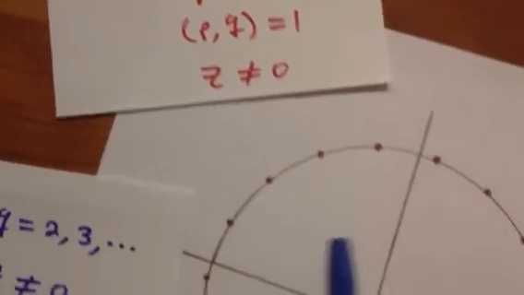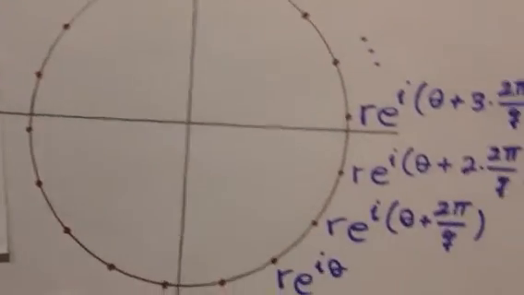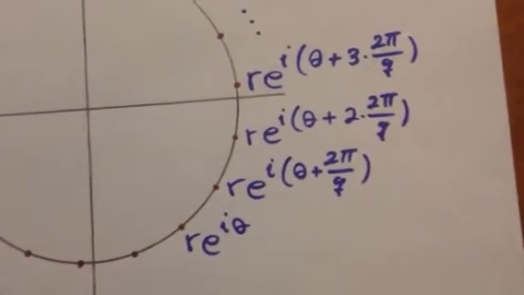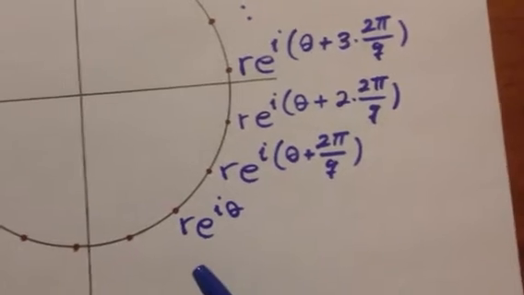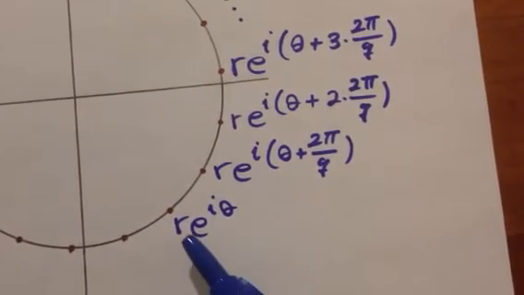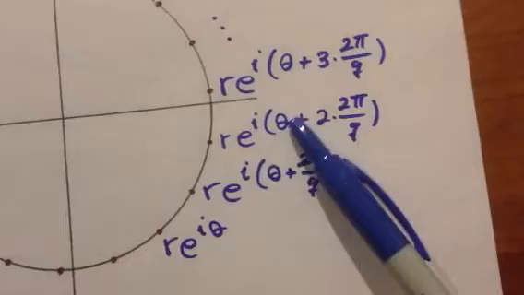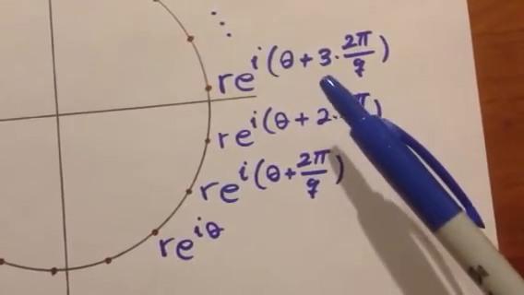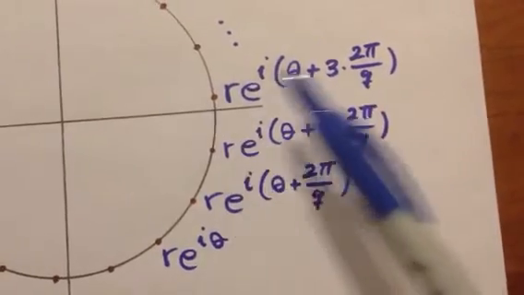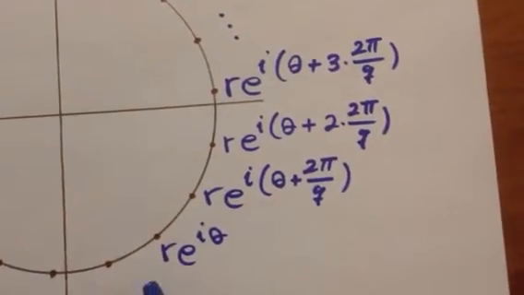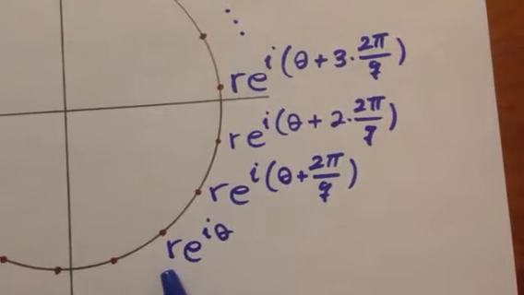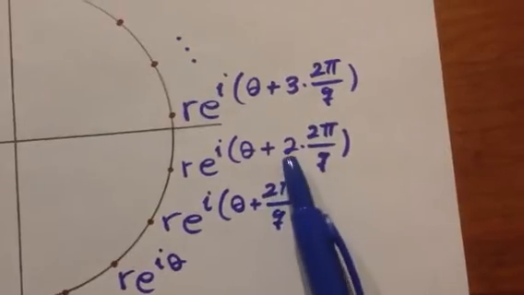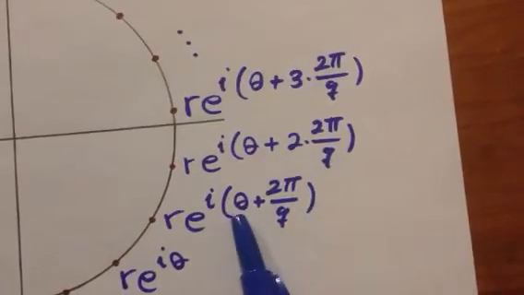To prove that there are exactly q values for z to the power p over q, we know that to get z to the power p over q, we have to raise every one of the q-th roots of z to the power p. When we raise these to the power p, the absolute value becomes r to the p, and each of these arguments is multiplied by p.